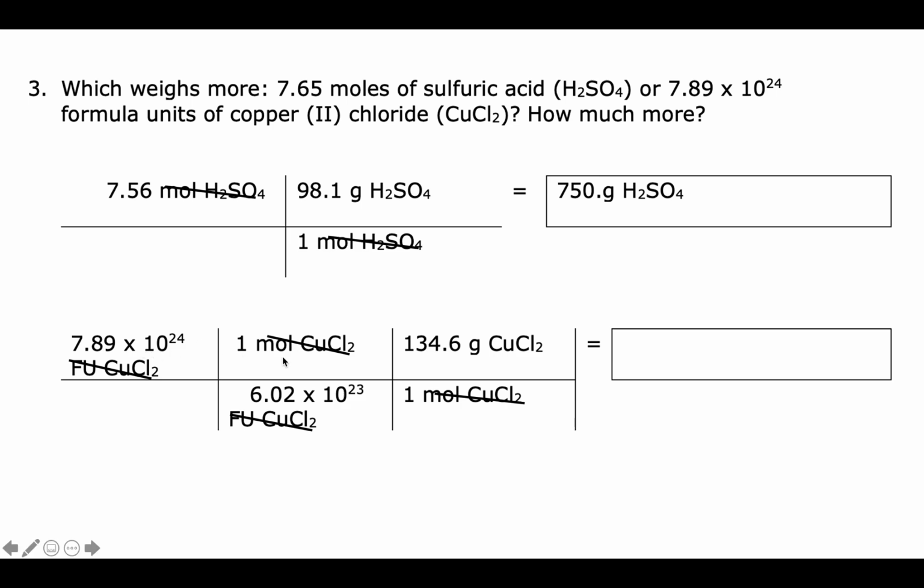I'll help you with that, or look at the guidance that I posted on this. Multiply that, divide by this. This will be a good test of whether you really know how to put these numbers into your calculator, exponents. And we come out with 1,760 grams of copper chloride.